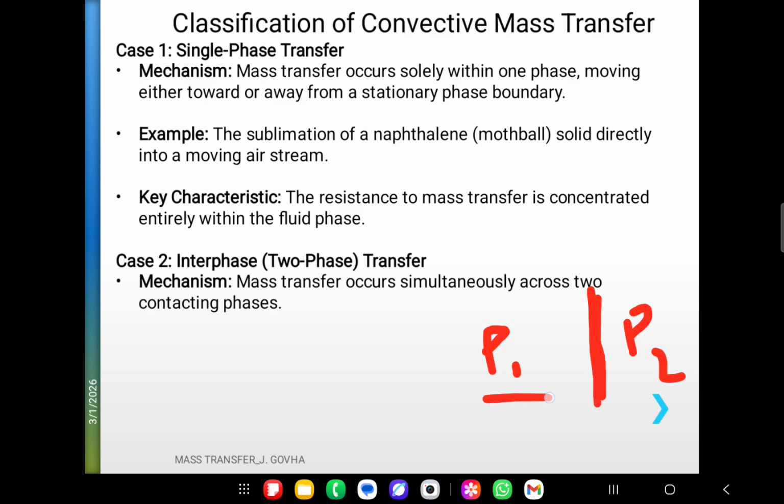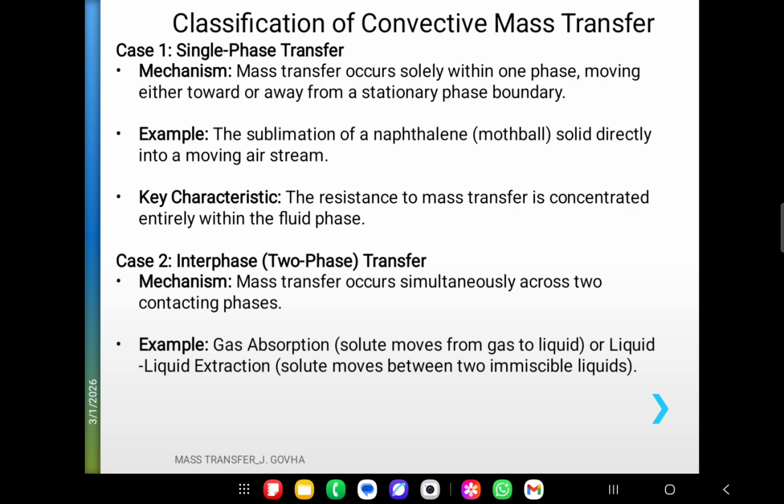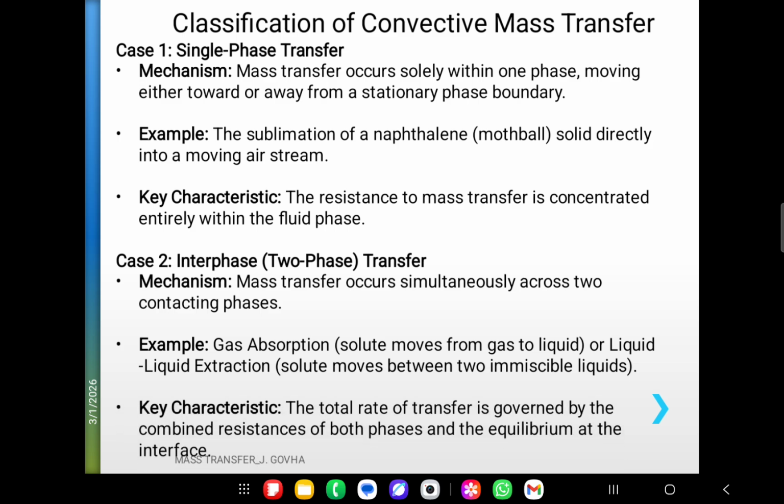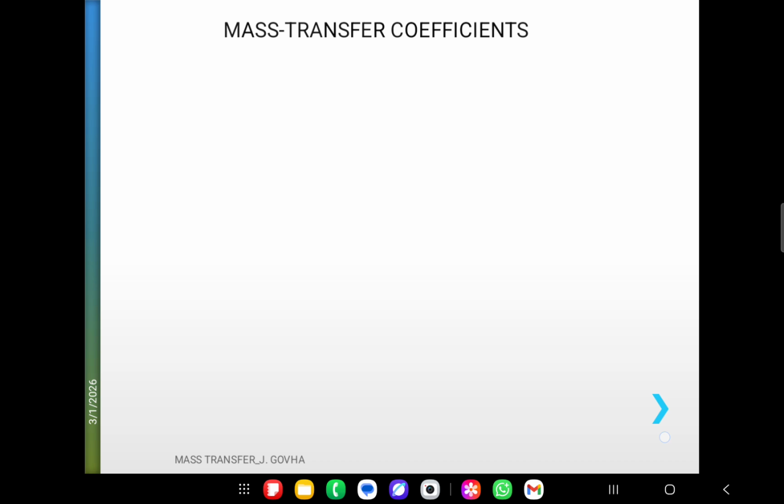So it's occurring here, and here it's also occurring. Gas absorption, where a solute moves from a gas to a liquid, or liquid-liquid extraction are some examples. The rate of transfer is governed by the combined resistance of both phases and the equilibrium at the interface.